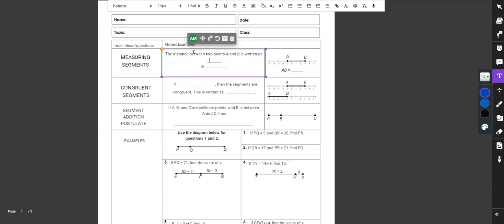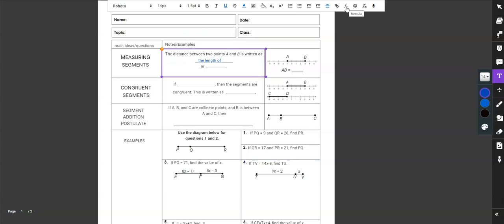In this case, we have a segment here from A to B. The distance between two points A and B is written as the length of segment AB.